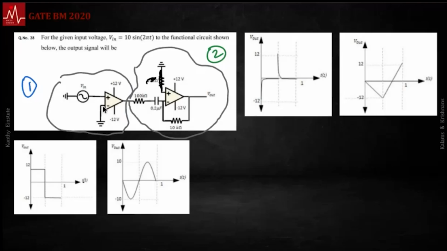So what it does is it saturates, like old school. So one is the comparator, and your two is a differentiator. If you recall at least that much, you can answer at this stage.